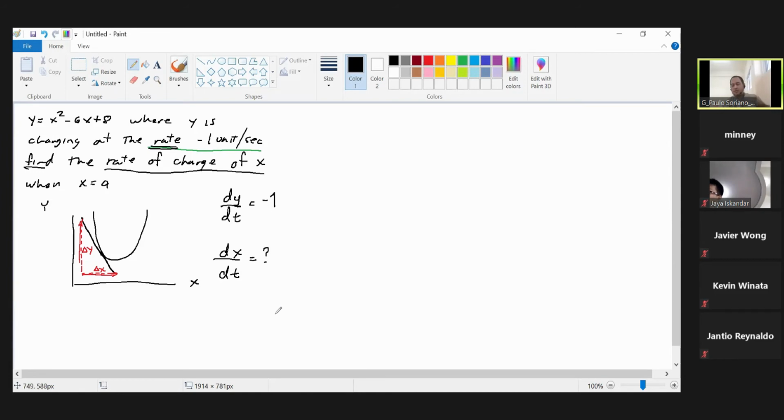The question is, how are we going to connect these two together? We can use the original function given to us, which is the parabola: y equals x squared minus 6x plus 8. But we need to find the derivative of this.